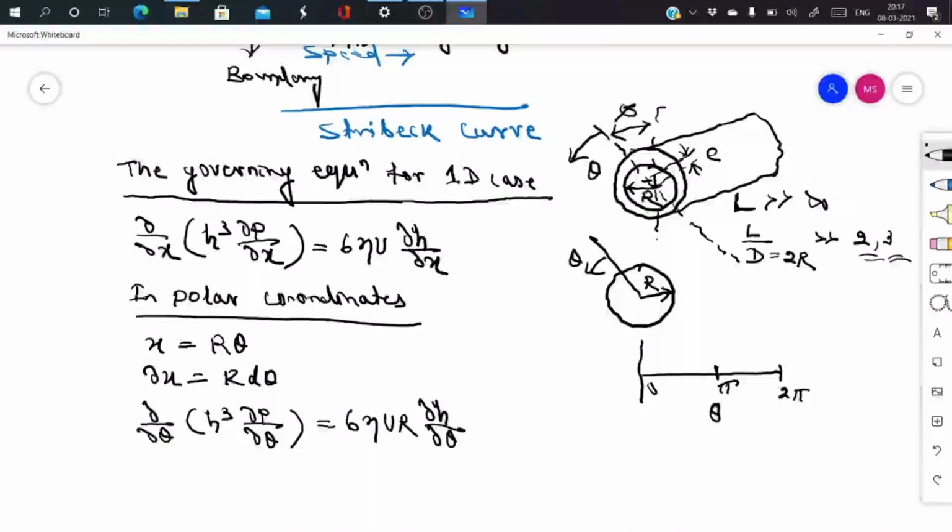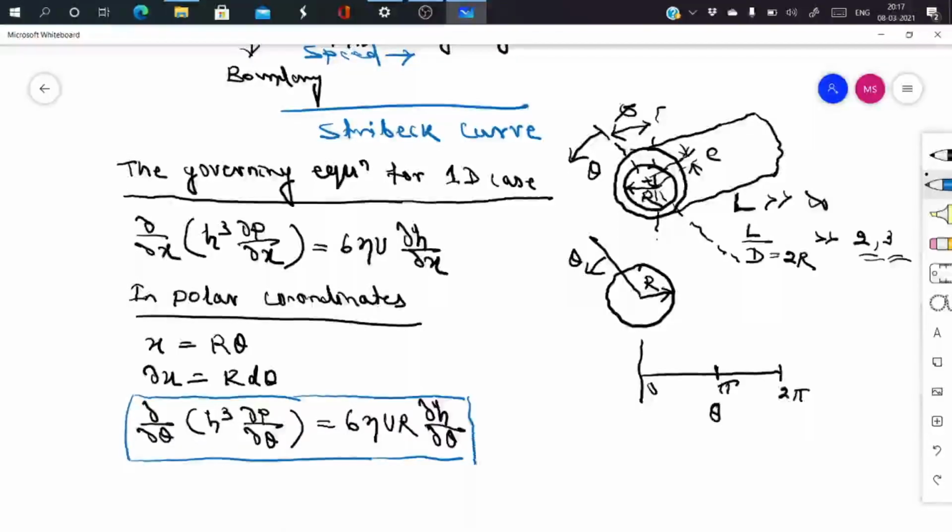So this is your governing equation for polar coordinate to solve this problem of one dimensional journal bearing.